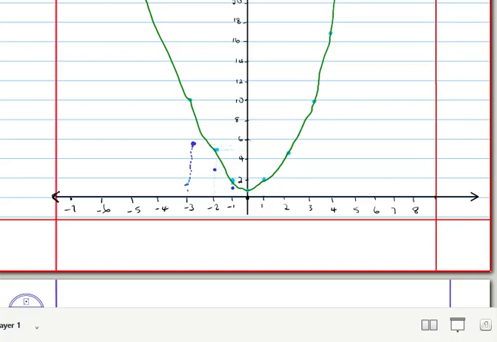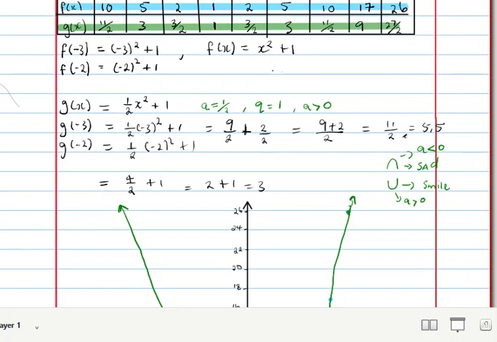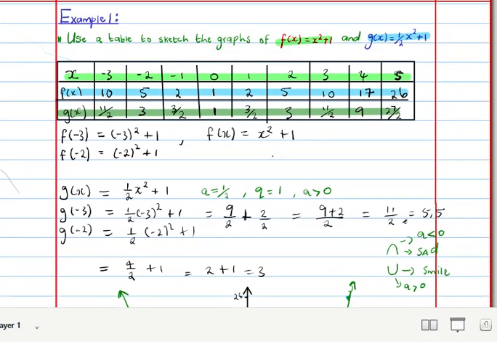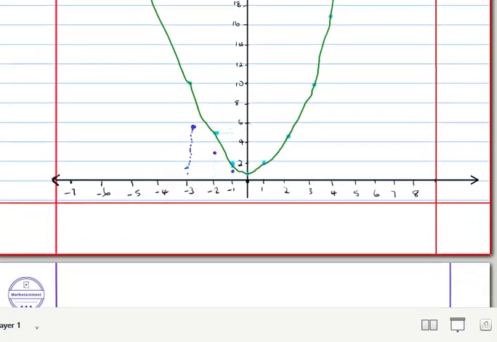Then let's check g at x. When x is 0, y is 1. So it goes here now. Then they intersect, where the graphs meet, here. Here it's 1.5 also. Here it's at 2.